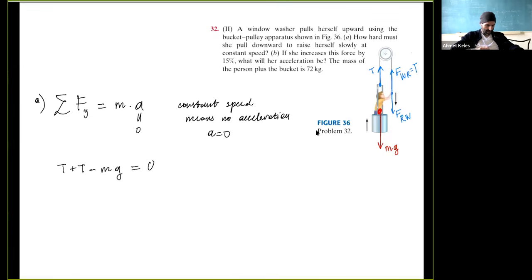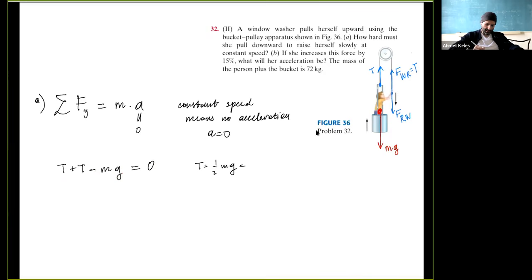Then I can solve this equation. This one is 2T. I can take that guy to this side. 2T is equal to mg. Then T is equal to 1/2 mg.